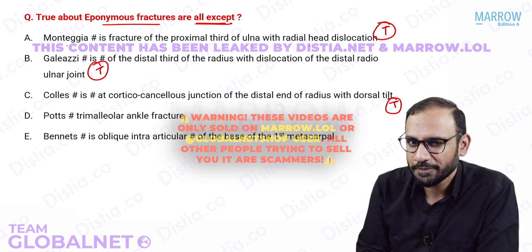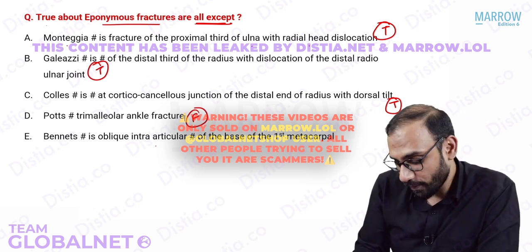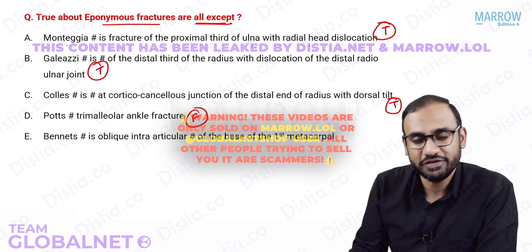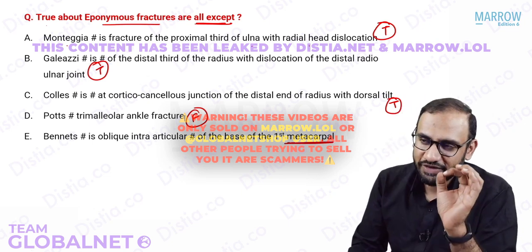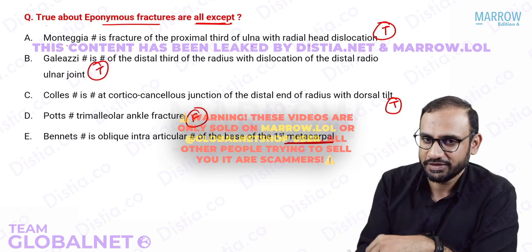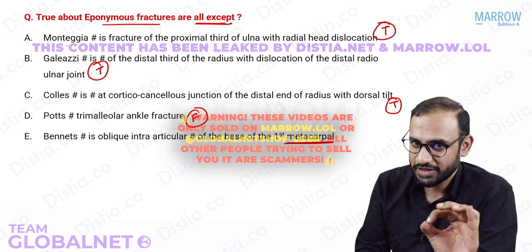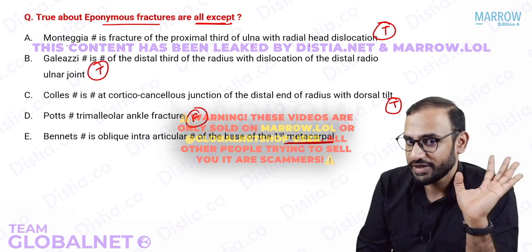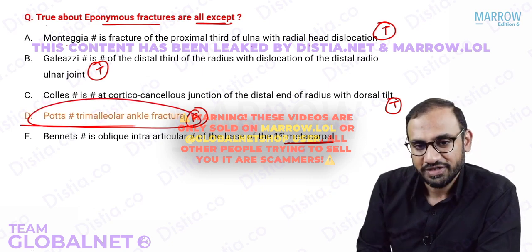Potts is bimalleolar. Cotton's is trimalleolar. Bennett's fracture is oblique intra-articular fracture of the base of the first metacarpal. Yes, Bennett and Rolando are fractures of the base of the first metacarpal, intra-articular. Bennett's is incomplete displaced fracture. Rolando is complete undisplaced fracture. So the answer here is D. This is the wrong statement.